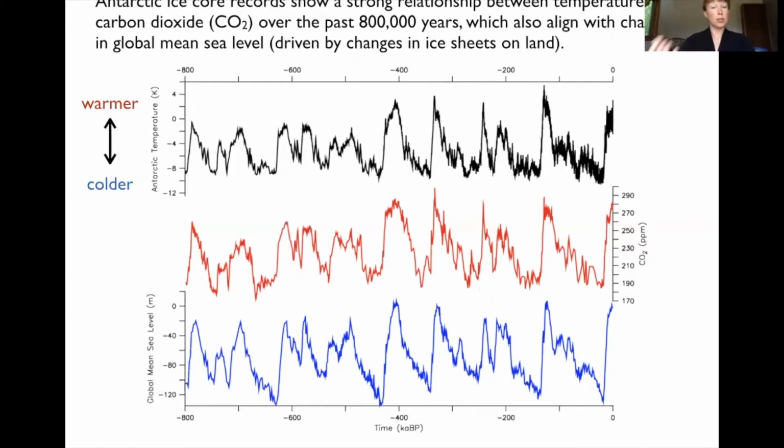So when CO2 is high, global temperature is high. When CO2 is low, temperature is low. And we see that global sea level, which is driven by changes in the volume of ice that's stored on land, so the ice sheets, that is also tracking temperature and CO2, okay? So the whole world's climate is really going in sync, sort of inhaling and exhaling on the same time period with the same cyclicity.